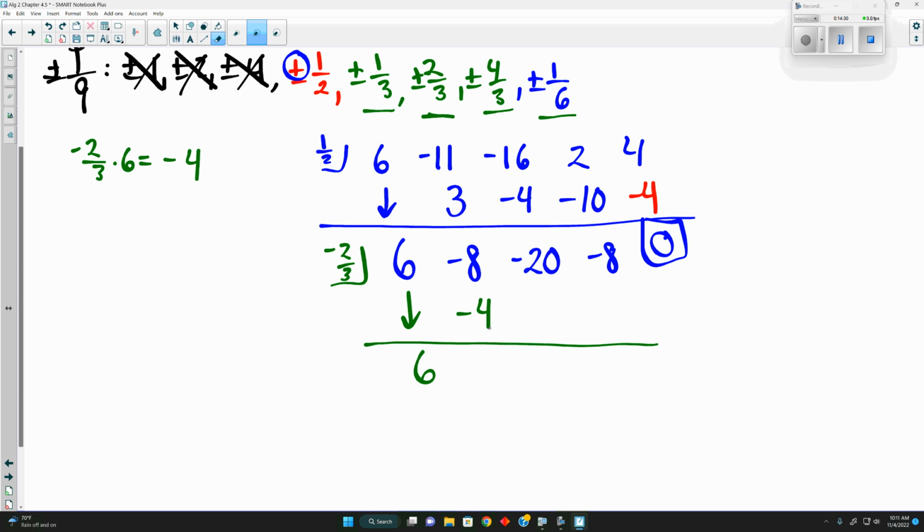Negative 8 plus negative 4, negative 12. We do it again, so negative 2/3 times negative 12. Well, negative and negative make a positive. 12 divided by 3 is 4. 4 times 2 is?